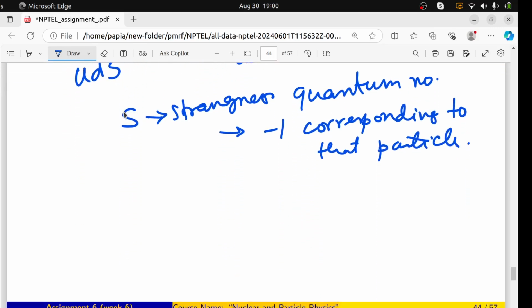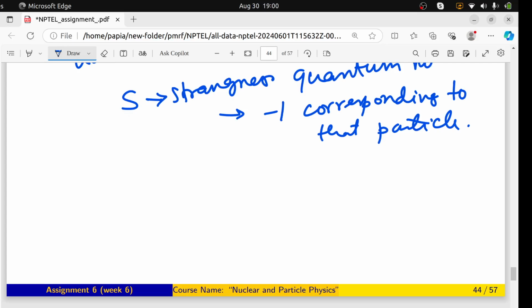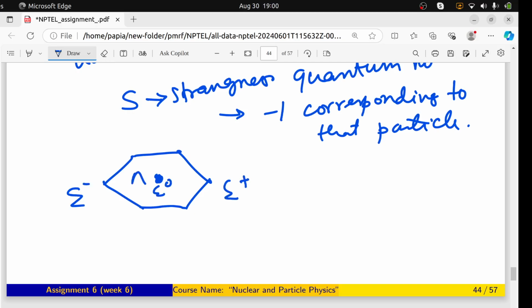One more thing is that lambda 0 and sigma 0 both are present here. This is sigma minus, this is sigma 0, this is sigma plus, and this is lambda 0. So this is the baryon octet, and there is also the decaplet.